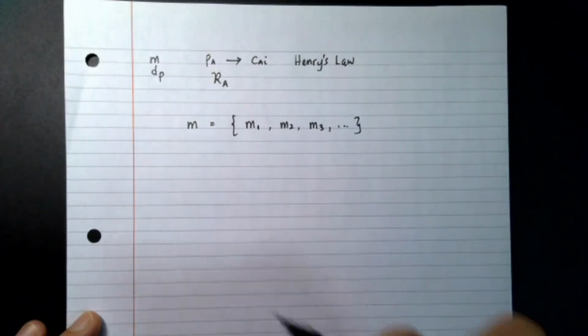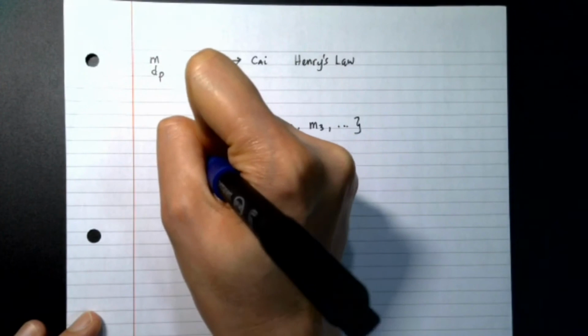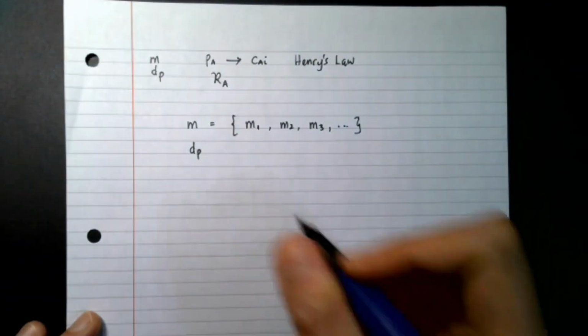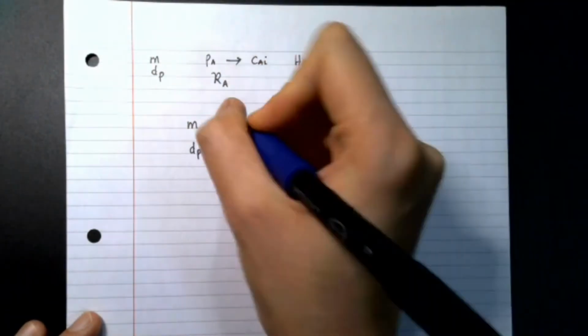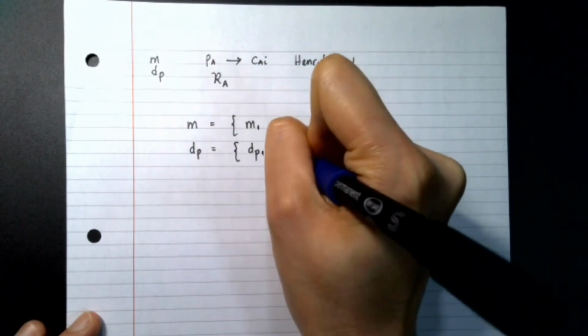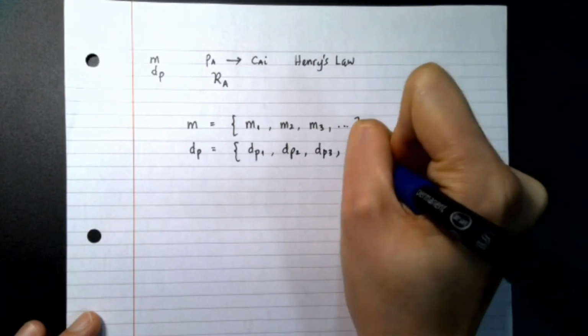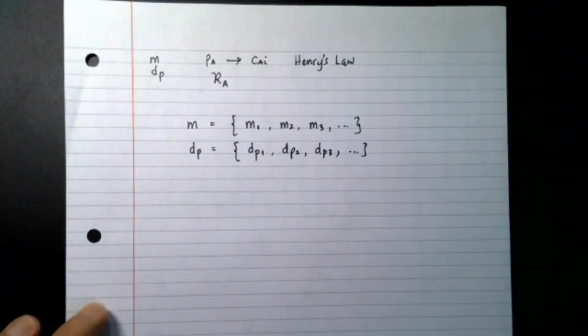And then for every catalyst loading, you also perform a set of experiments at different catalyst particle sizes. So you have DP1, DP2, DP3, and so on. So you can tabulate your data like this.